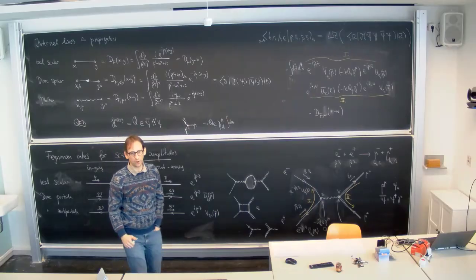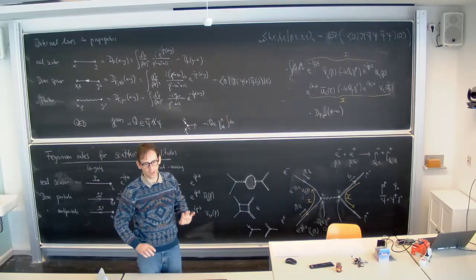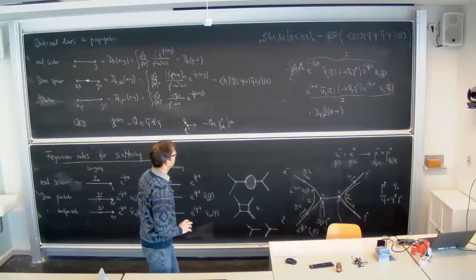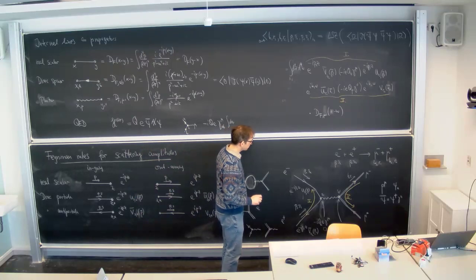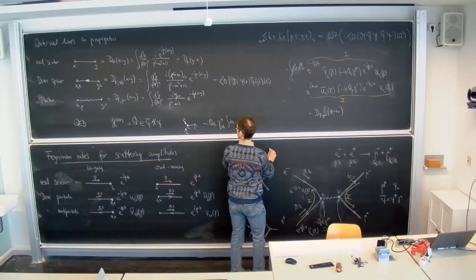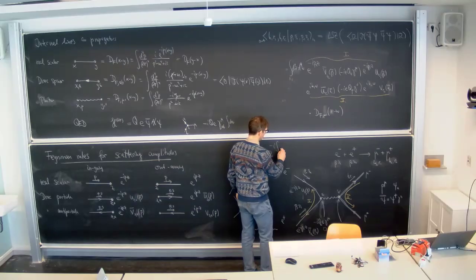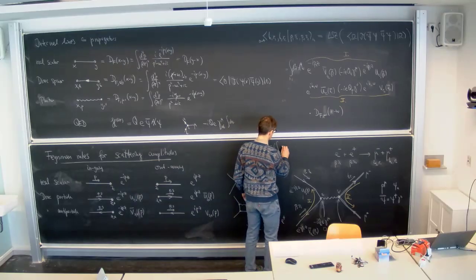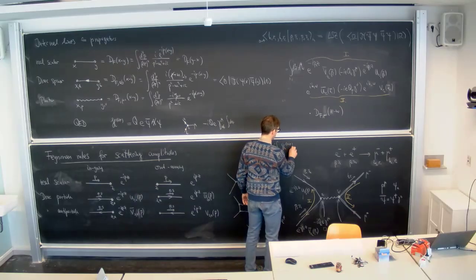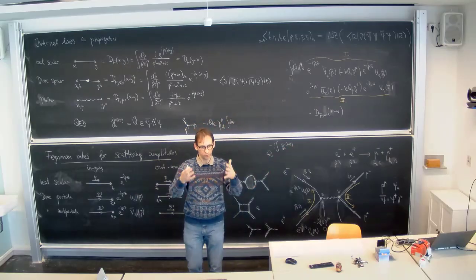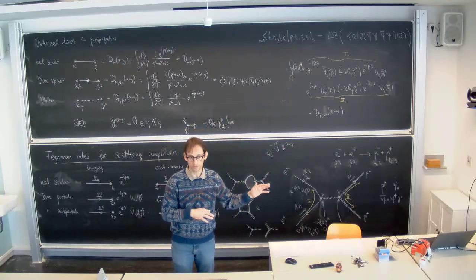And then there's this awful topic of symmetry factors. There could be a number in front as well. And that is essentially the combinatorics. If we have an exponential of the interaction vertex, and so when you expand this, you get from the expansion of the exponential 1 over n factorial as well.